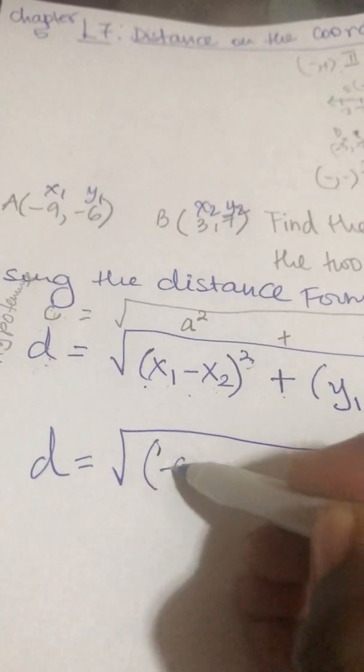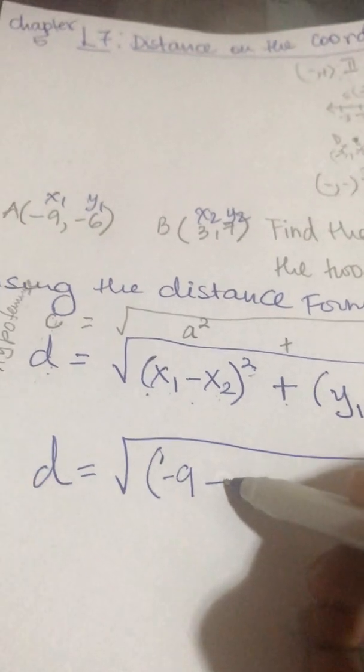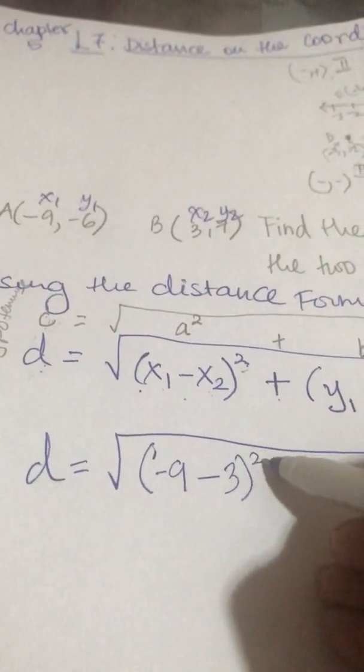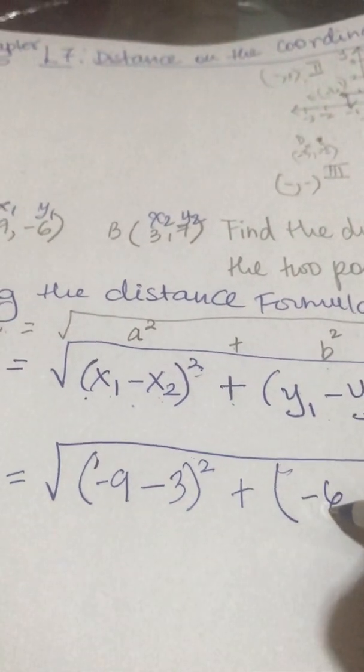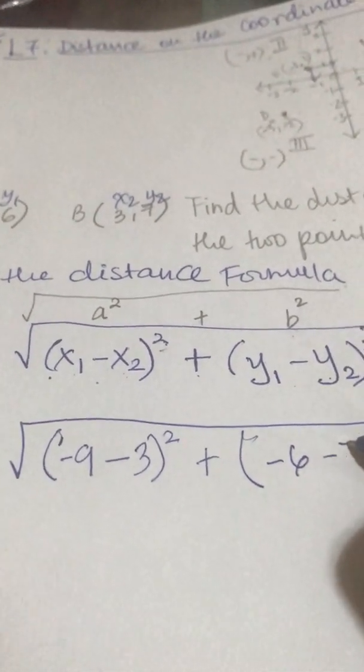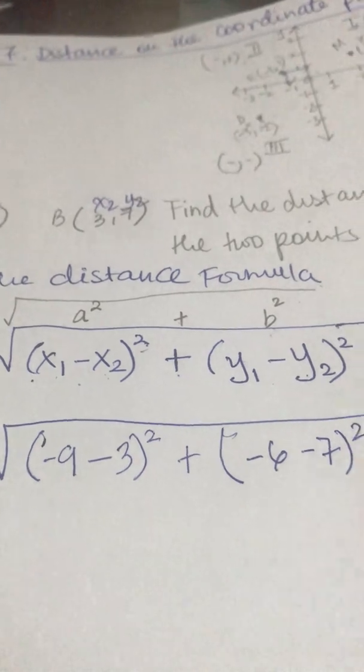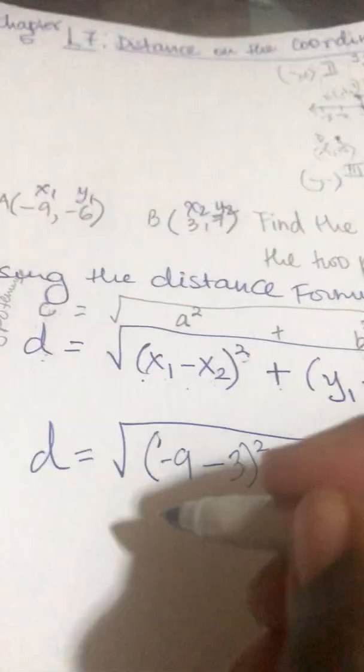x1 is -9 minus 3, squared, plus -6 minus 7, squared. Okay?